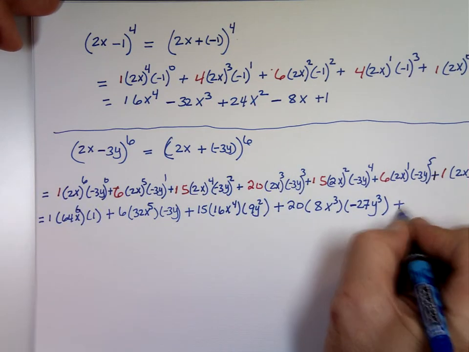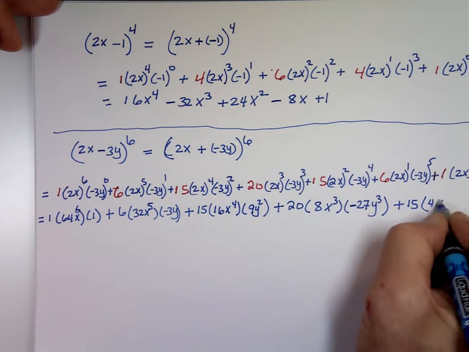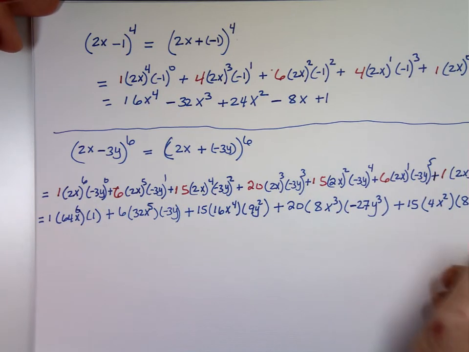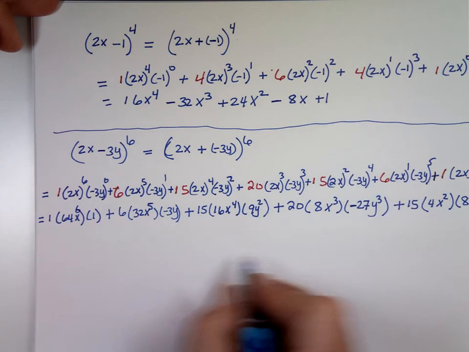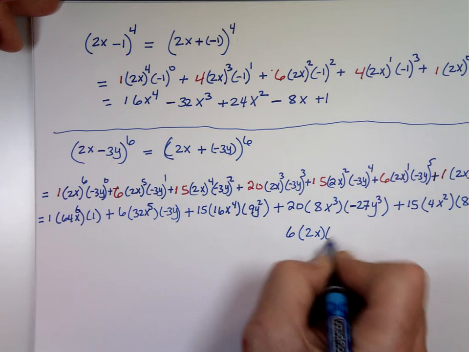Plus 15. 4x squared. 81y to the 4th. Plus 6 times 2x times negative, I think that's 243.